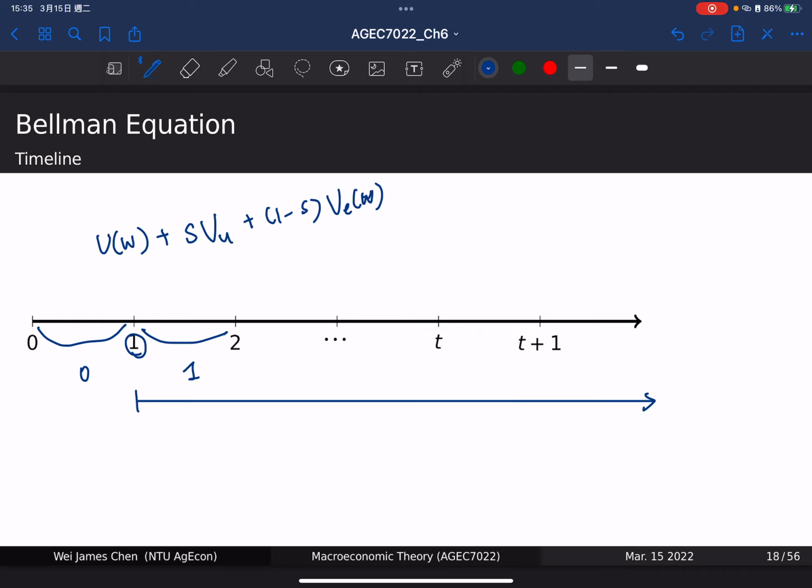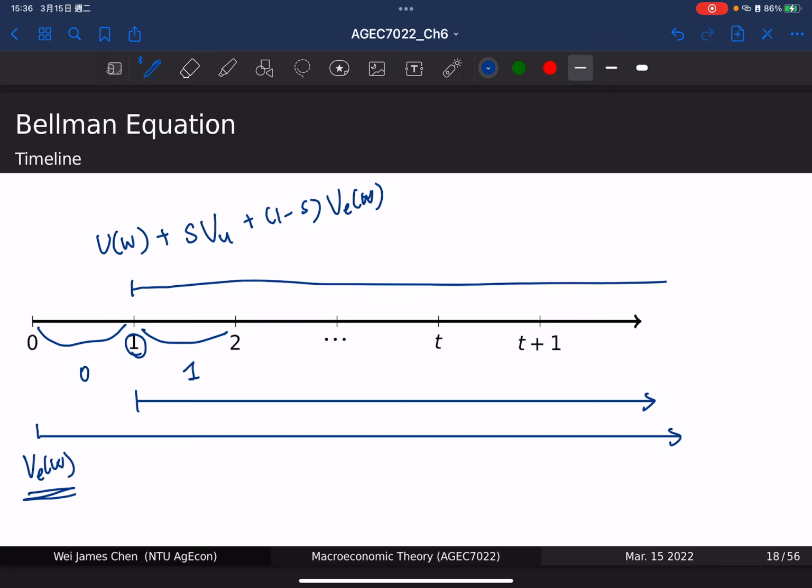You might feel a little bit confused right now, because I defined VE of W to be basically like this. You are starting from time 0, and you're receiving the wage offer W, and the total amount of value you get, right? But now, it seems like this person, although he's also getting the wage offer W, is only getting the wage offer for 1 period less, right?